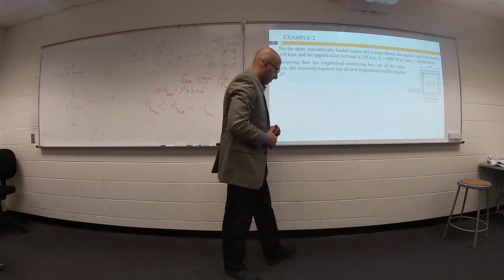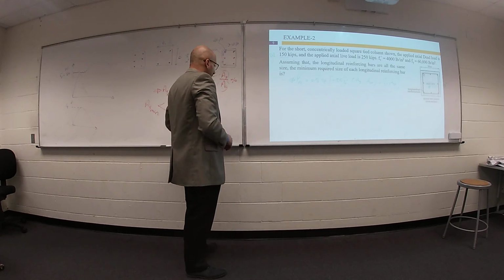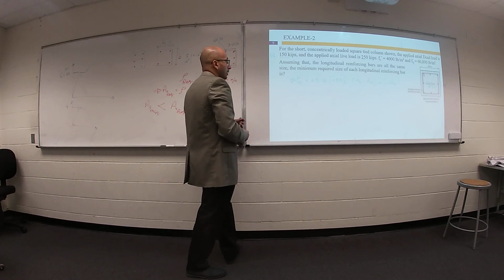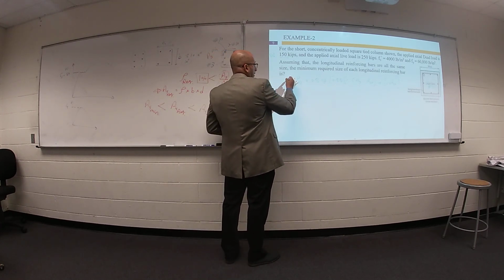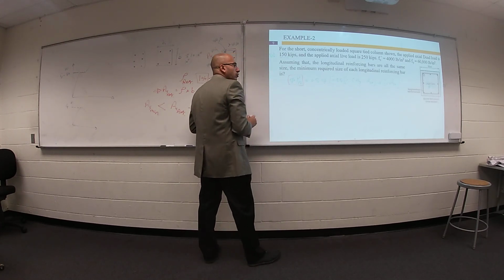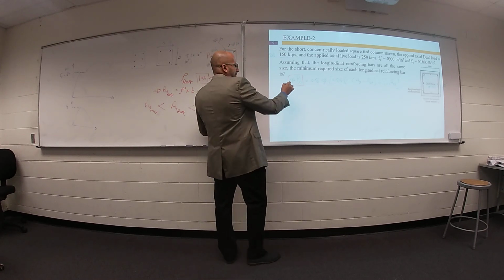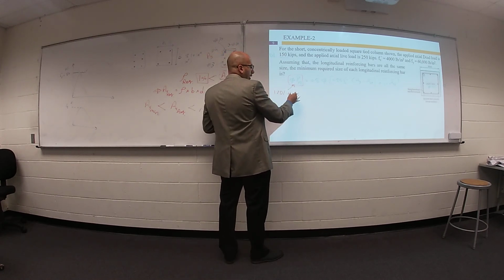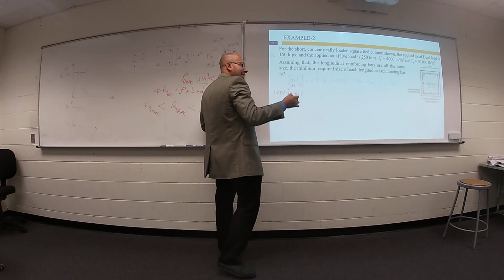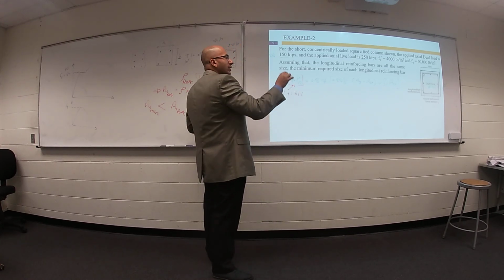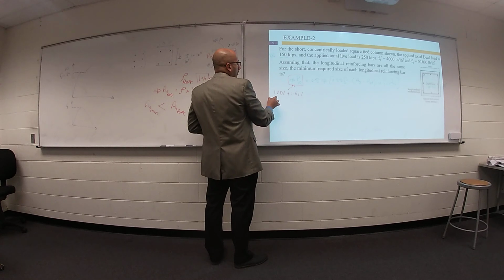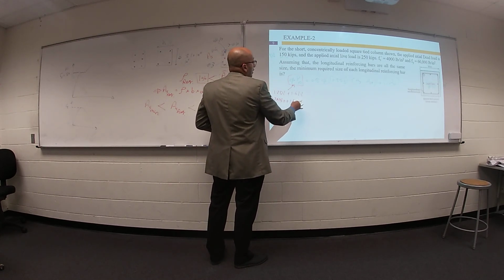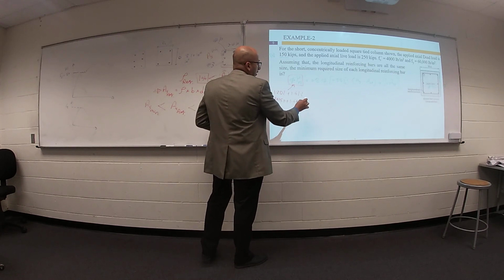Do you agree? This value of your design will be 1.2 dead load plus 1.6 live load. I will design according to the given load: 1.2 times 150 plus 1.6 times 250.